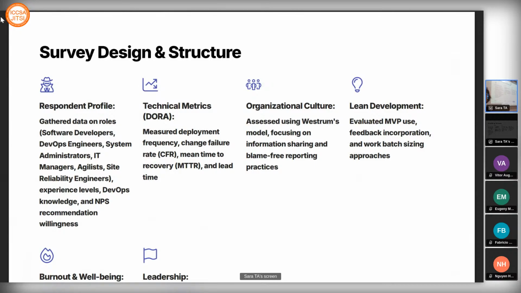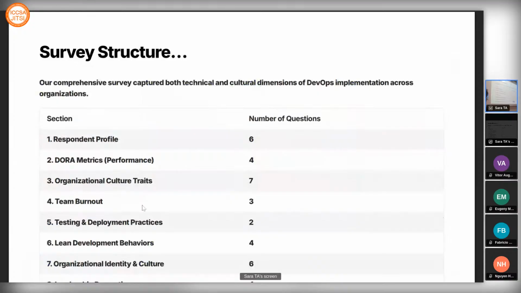Using the survey design, we analyzed organizational culture, addressing, for example, Westrum's model, lean development, and burnout and well-being characteristics of the employees, and so on. Our survey is not fully shown this way, it is cutting something off right here, but anyway, you can go this way.